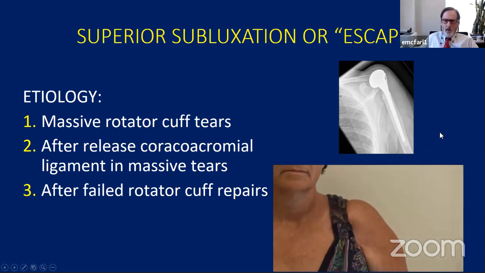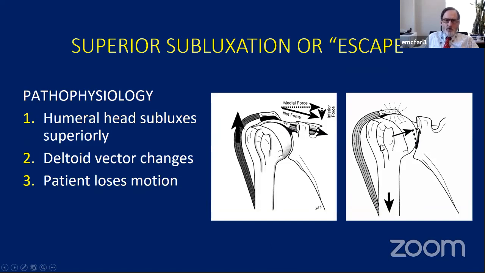subluxation type pattern. What that looks like diagrammatically is, when the humeral head is reduced in the glenoid, the forces of the rotator cuff keep the head centered so that when the deltoid fires, it actually lifts your arm. The trouble is when you lose the cuff, the head subluxes superiorly and the vector changes so that when you fire your deltoid, you can't really lift the arm.